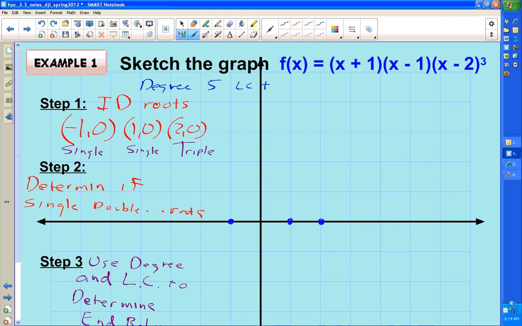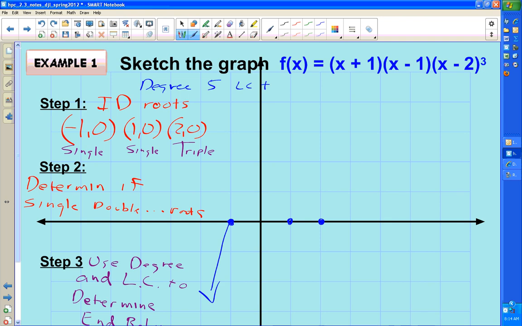So the end behavior on the left should be going down. From the left root, we expect this graph to go down. Now, -1, what kind of a root is it? A single.